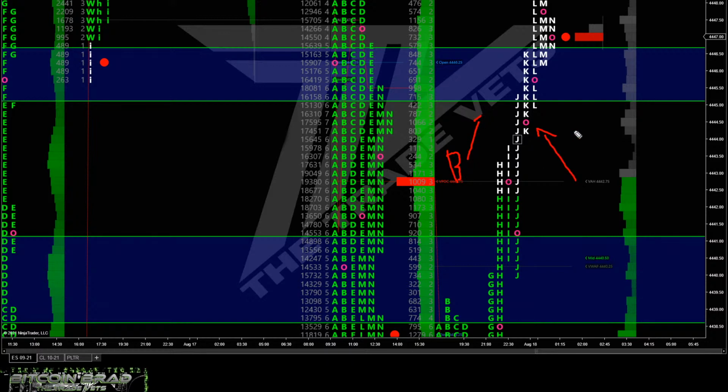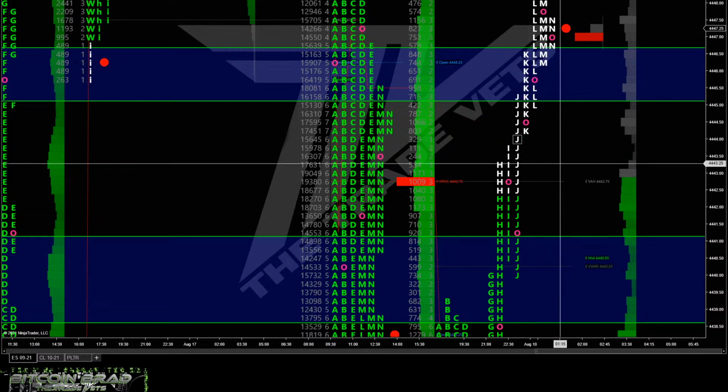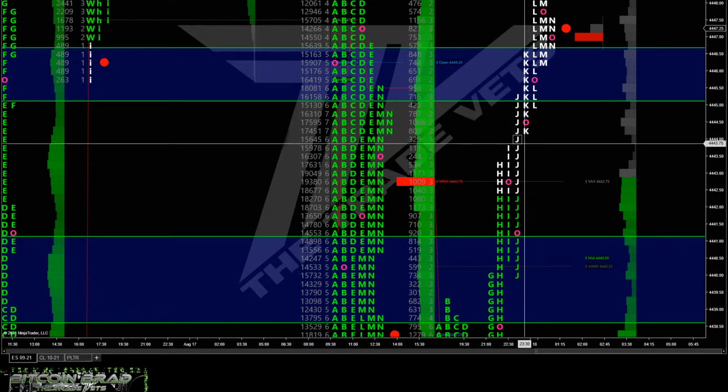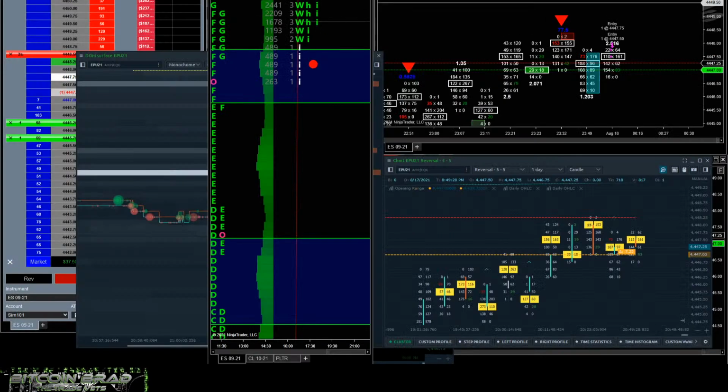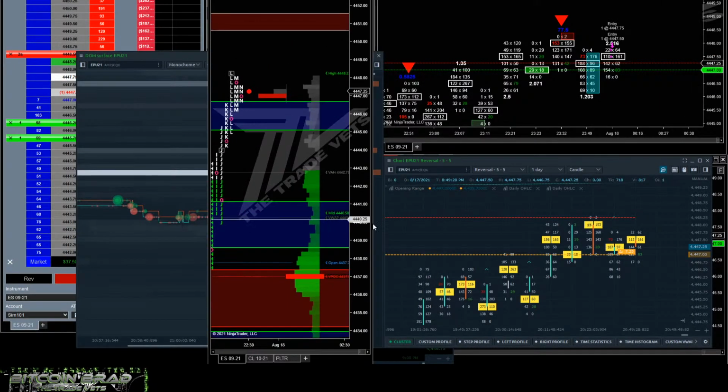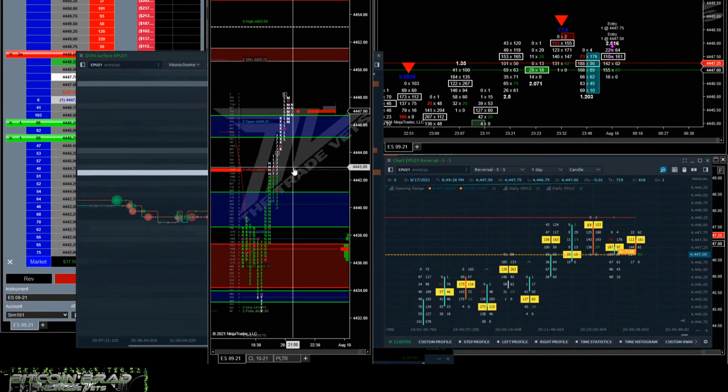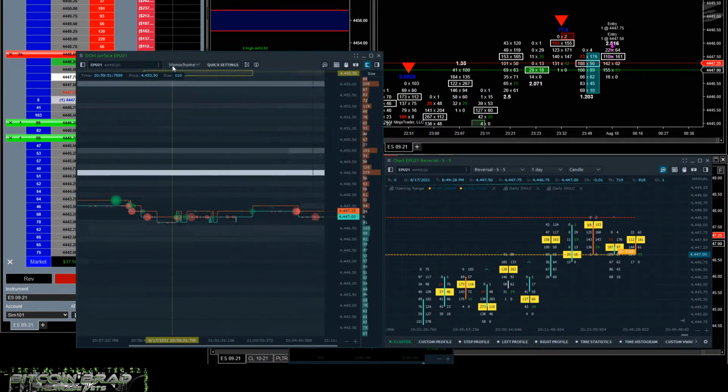Initiated buying came in when this couldn't close these single prints, which we see on the volume profile, and price traded up. So we know if there's single prints below, we've got to be careful about getting short down here because we know that buyers are going to defend that position. I hope that answers your question.